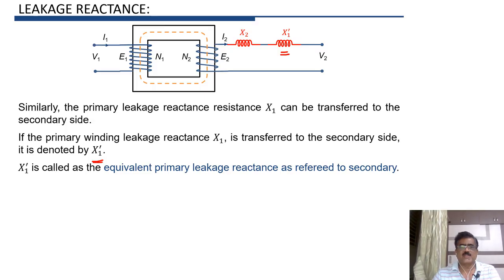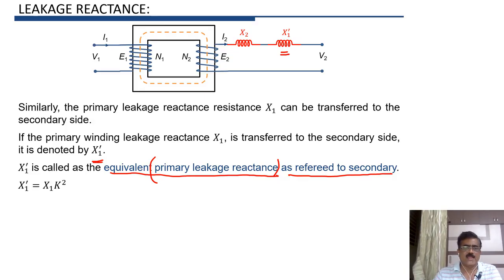X1 dash is called the equivalent primary leakage reactance as referred to secondary.